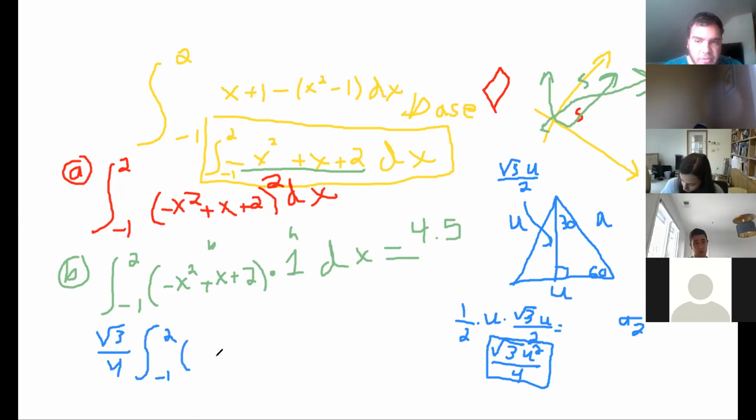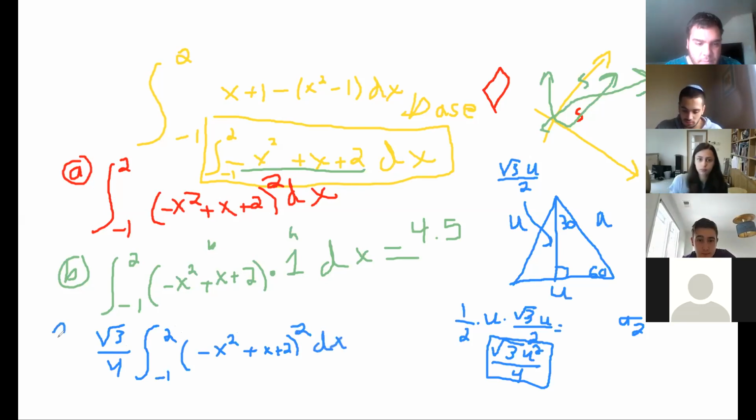So most of your work here is not actually integrating, it's just setting it up and figuring out what shape and how you find the volume. Negative x squared plus x plus 2. Remember, it's u squared, so this whole equation squared, dx. And then you could just plug that into the calculator.